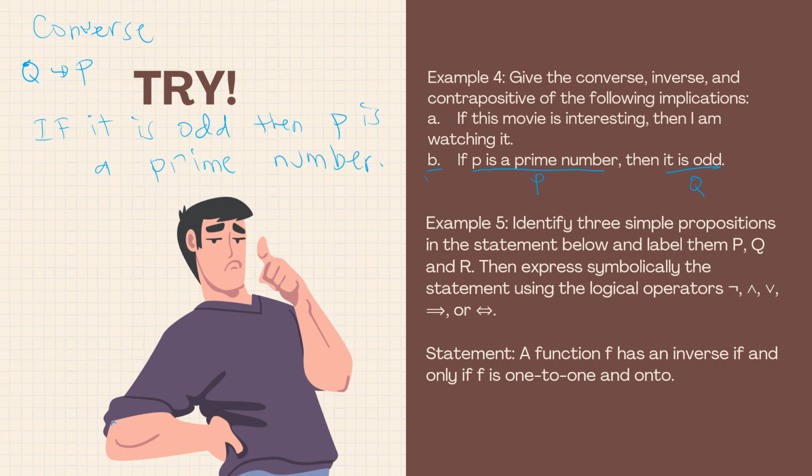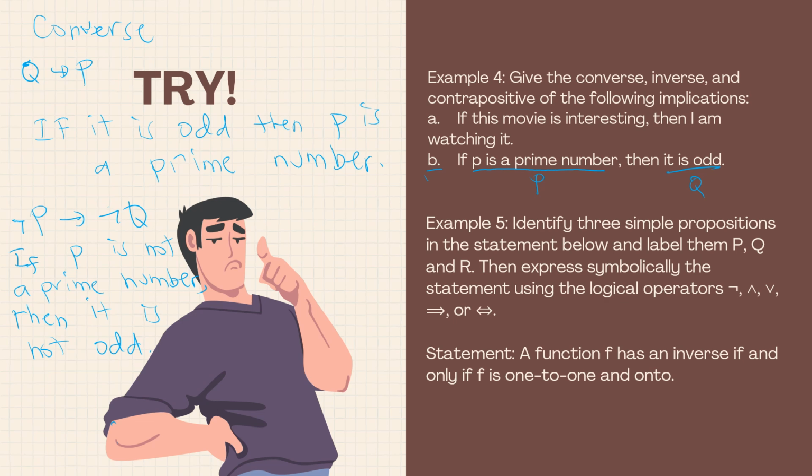Then we'll make inverse. Not P. If not P, then not Q. If P is not a prime number, then it is not odd.